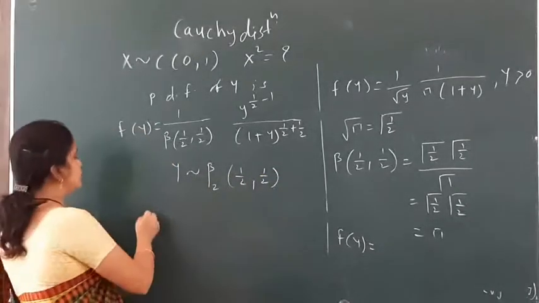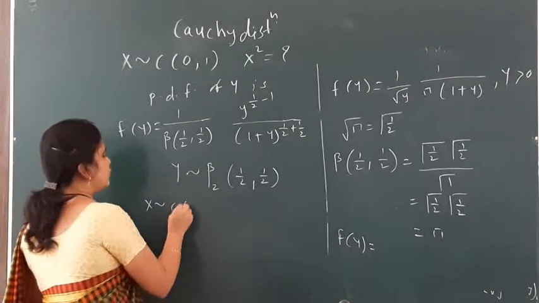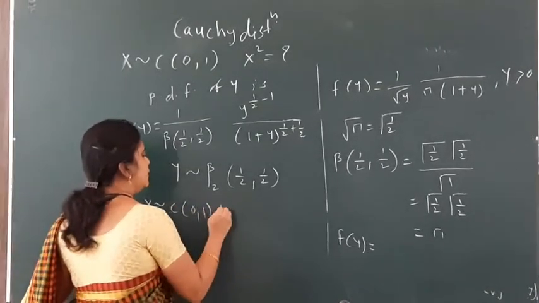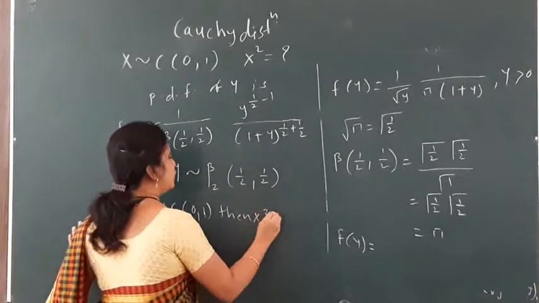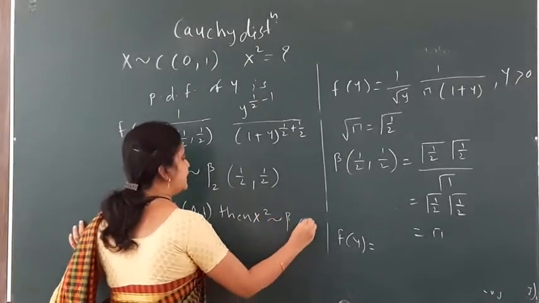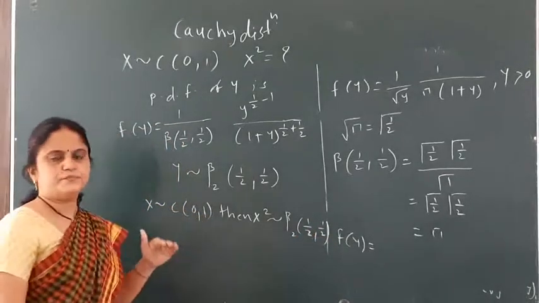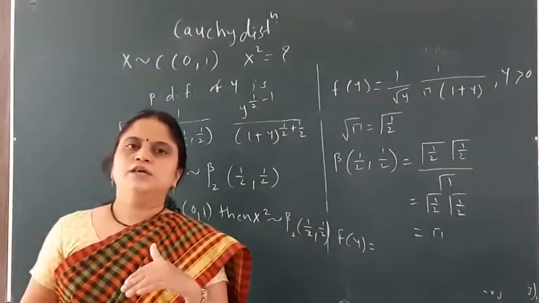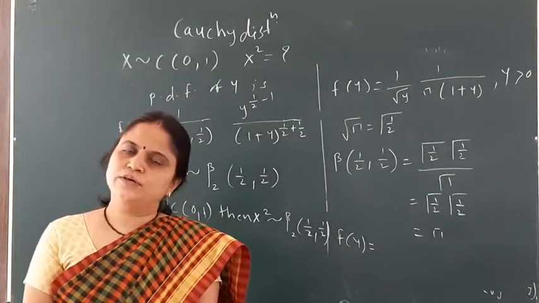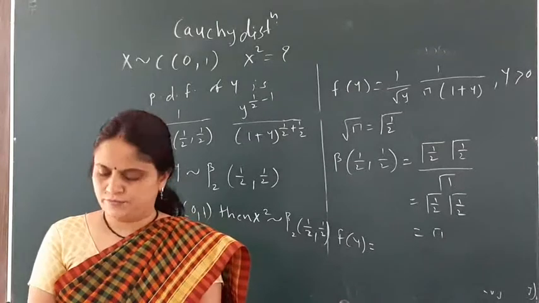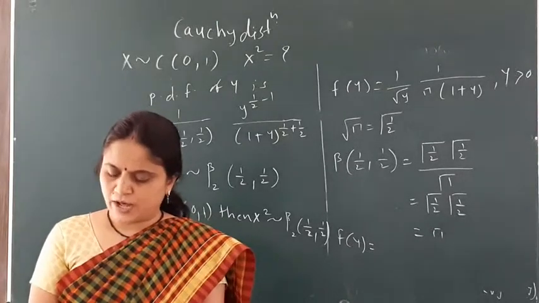That means the result which we have is, if x follows Cauchy 0, 1, then x square follows beta second kind with half comma half. If I have the square of Cauchy 0, 1, then we get beta second kind with half comma half. So that is the result which we have.